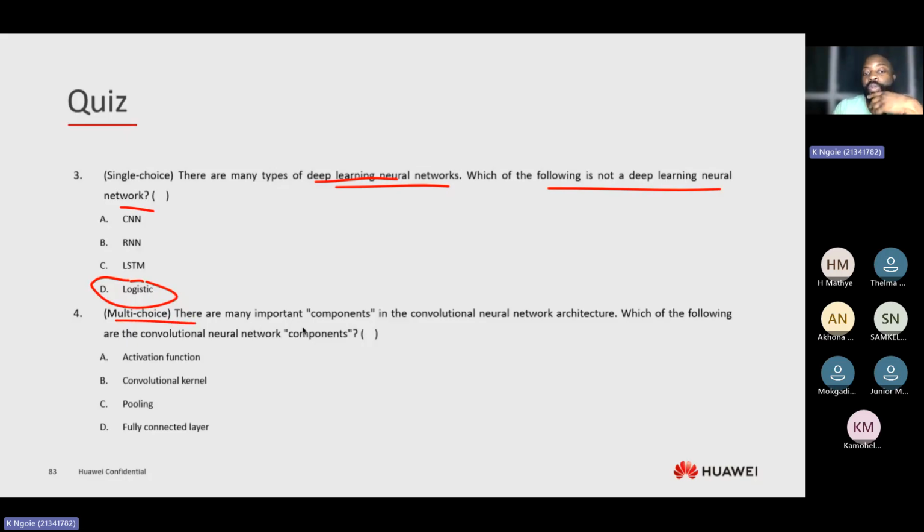Okay, so multi-choice. There are many important components in the convolutional neural network architecture. Which of the following are convolutional neural network components? A, C, D. You say A, C, D. Anybody else? I said B and D. Guys, remember, this is a multi-choice.